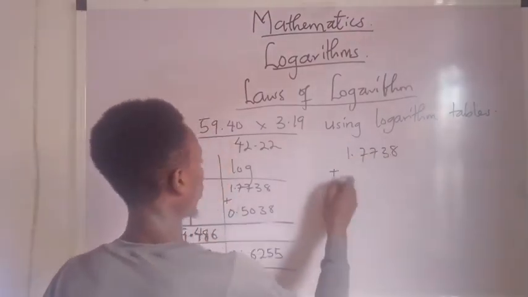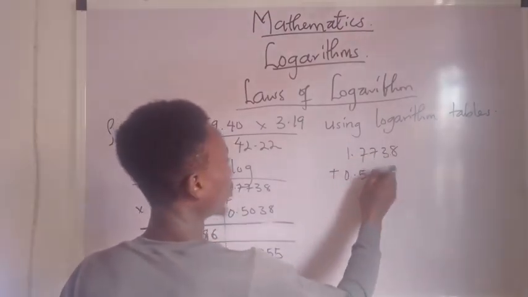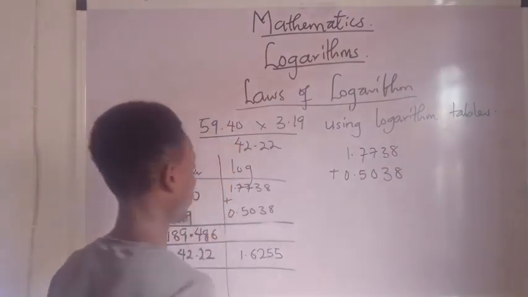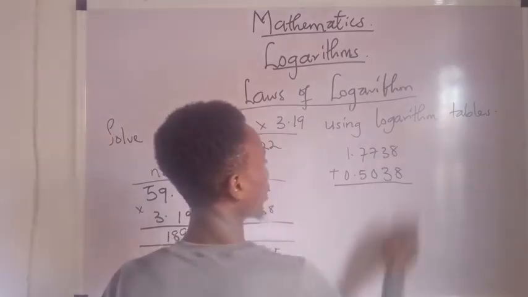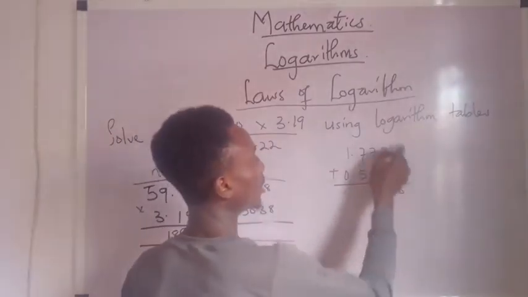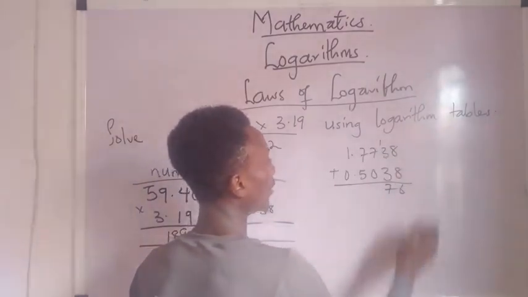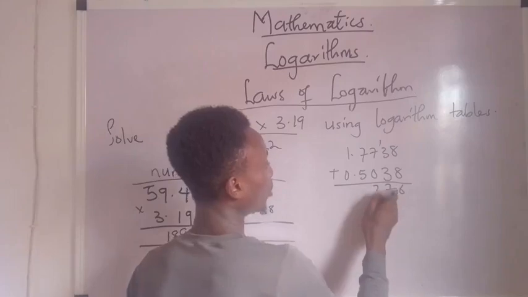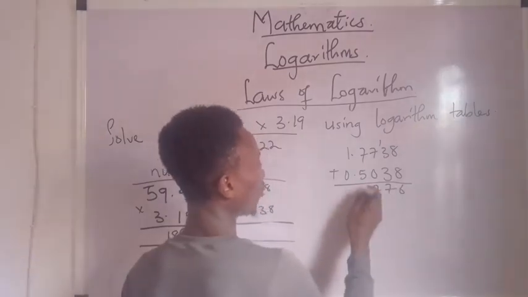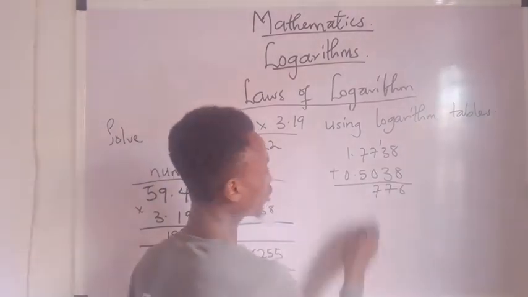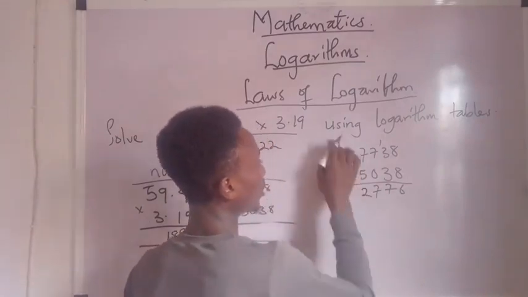Now if you are adding this up, you would have 1.7738 plus 0.5038. 8 plus 8 gives us 16. Carry 1, right? 3 plus 3 plus 1, 7. 7 plus 0, 7. 7 plus 5, 12. So we write 2, we carry 1.